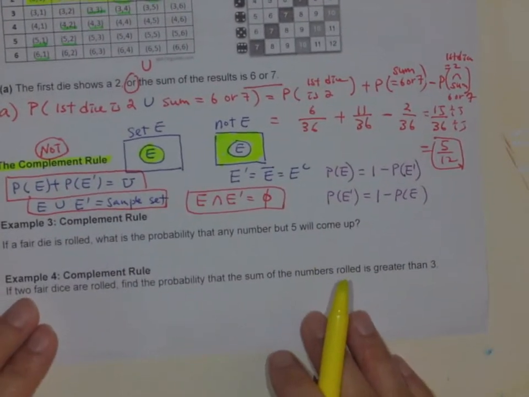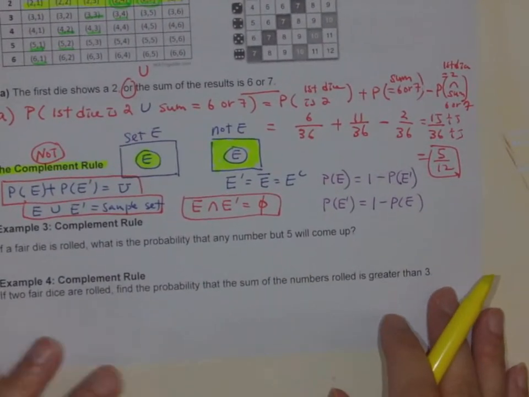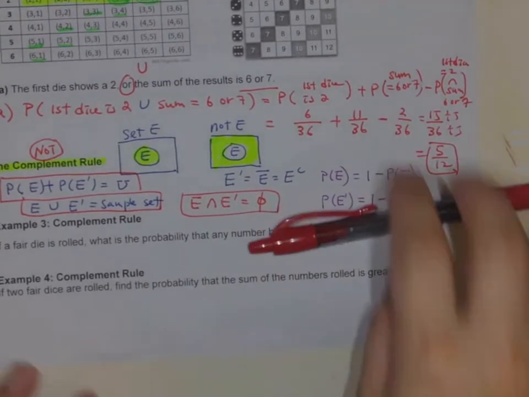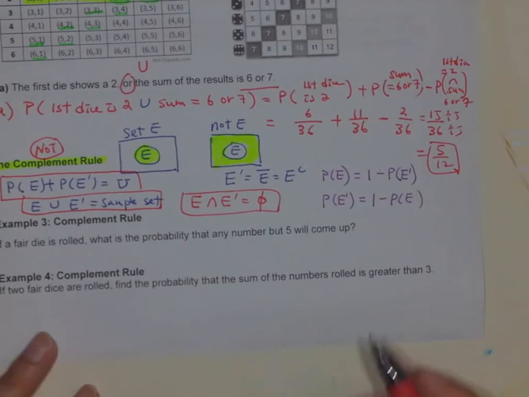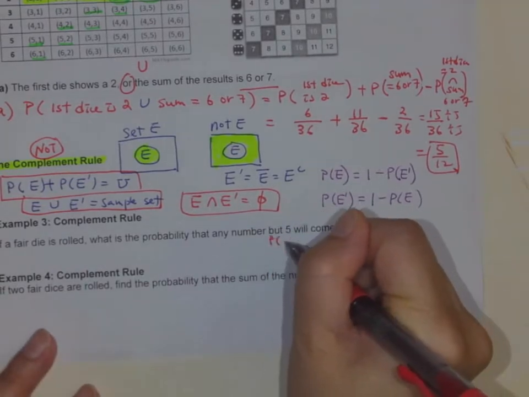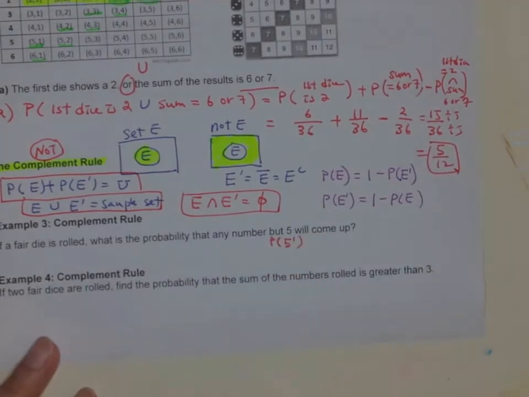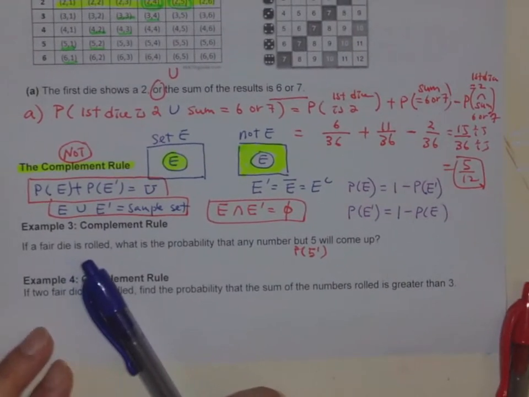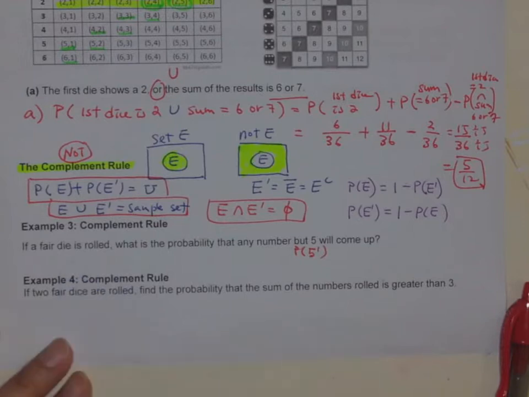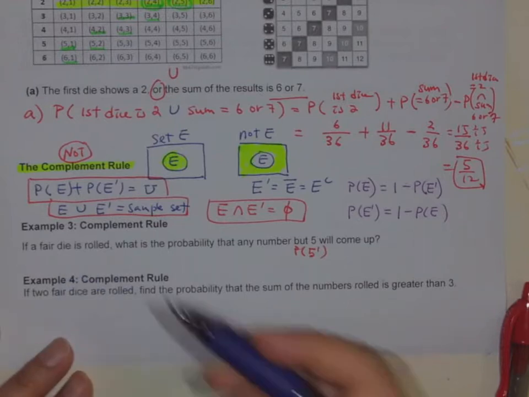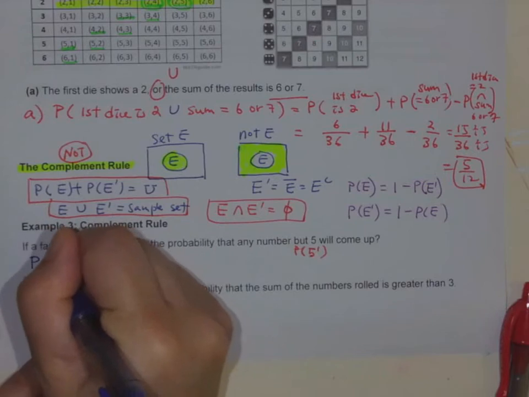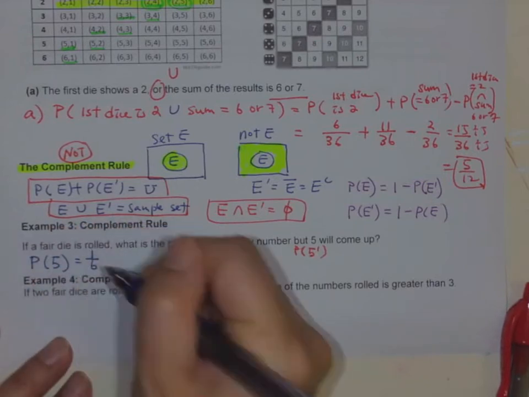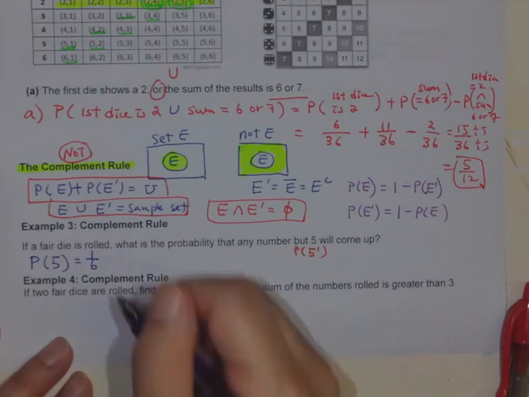So over here, let's say, if a fair dice is rolled, what is the probability that any number but 5 will come out? So I want to find probability of not 5, right? So it's easier if it's a rolling a dice. I have 6 items in the sample space, right? 1, 2, 3, 4, 5, 6. So it's easier for me to find probability of rolling a 5, right? It would be 1 out of 6 times rolling a dice will get a 5.